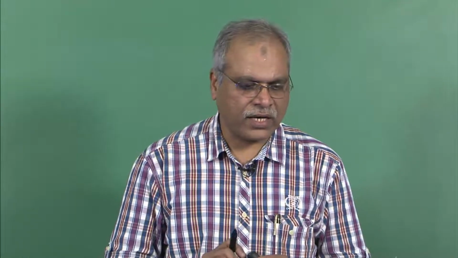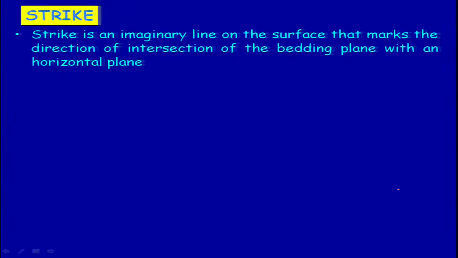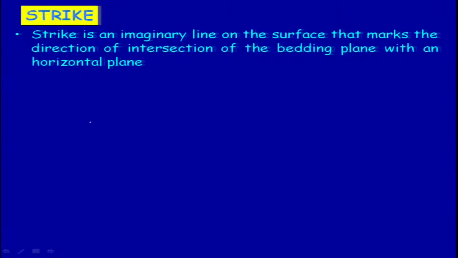Now coming to strike: it is an imaginary line on the surface that marks the direction of intersection of the bedding plane with a horizontal plane. I'll come to the picture, but I'll just draw here so that you are able to understand. As I told you, we have horizontal beds, and then they are folded.